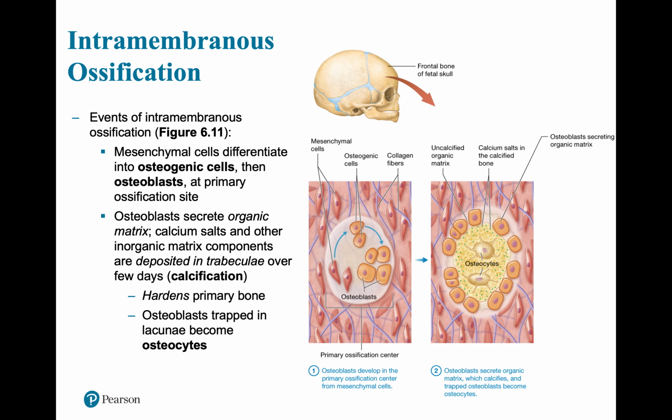So the first thing that happens in intramembranous ossification, we have our mesenchymal tissue. And remember, mesenchymal tissue, all of this red stuff, we see collagen fibers, and then we see these red cells represent mesenchymal cells. This is semi-differentiated connective tissue. What I mean by that is that it's embryonic connective tissue.